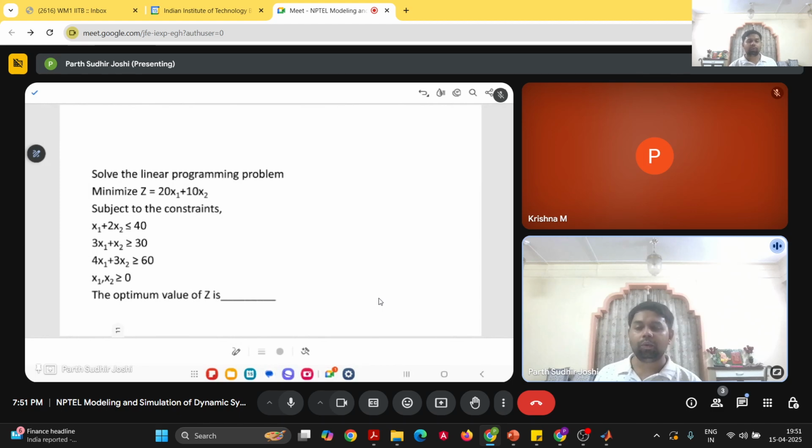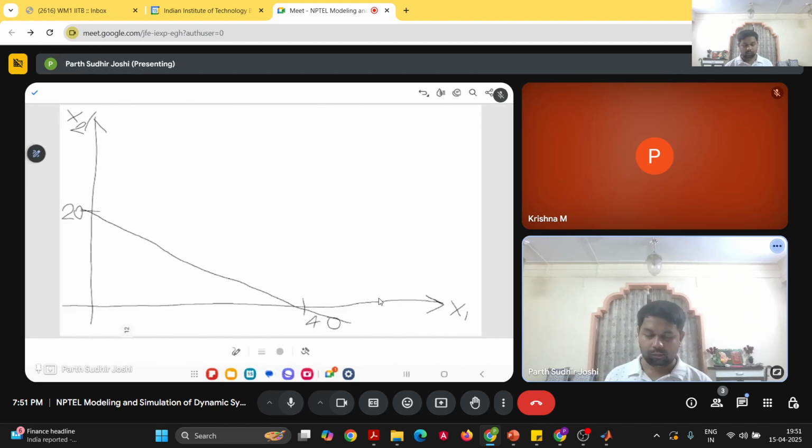So now to find out which side of this line, whether above the line or below the line, is feasible, how do we find out that? So first we already know that we have the bound constraints that both x1 and x2 are greater than 0.